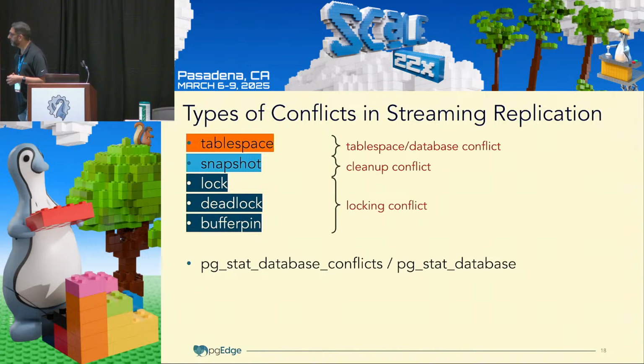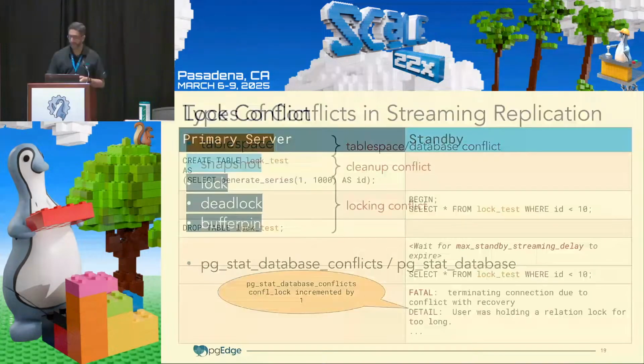So you'll have one counter for all of these conflict types per database, which does not really give you a lot of information into why this conflict happened, or what could have been done to avoid it. You have one other field in pg_stat_database, but that's again just one field, nothing too informative.